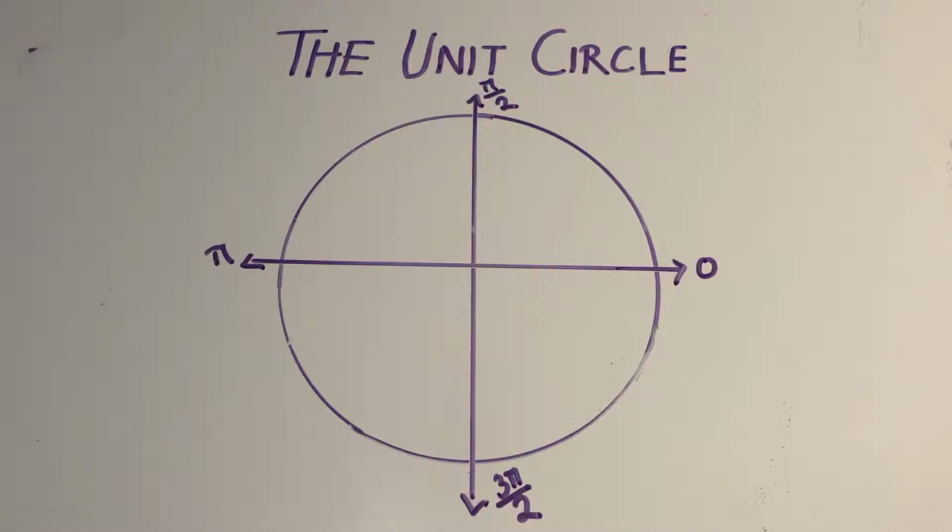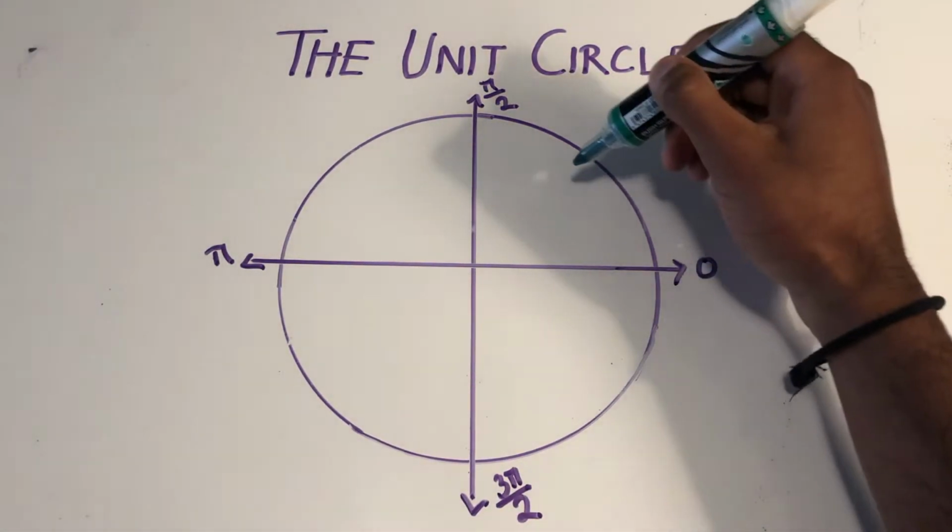Now I'm going to use a different color here. The way I like to do this is that I like to focus on 3 main angles first. That is the 30-degree angle, the 45-degree angle, and the 60-degree angle.